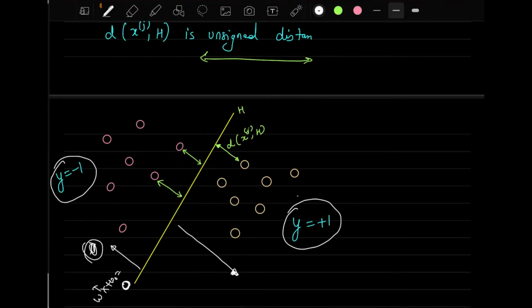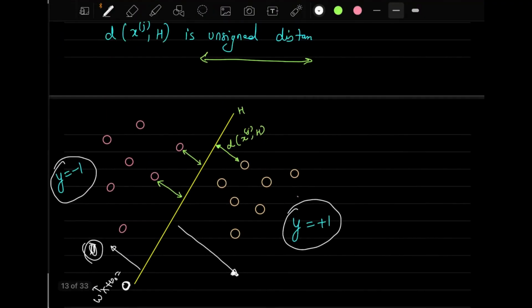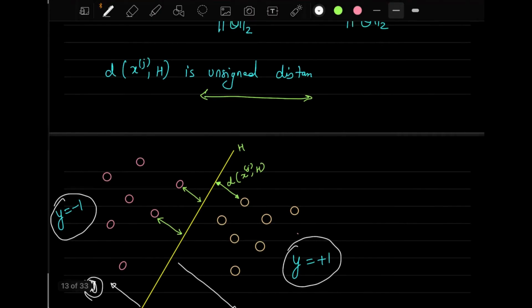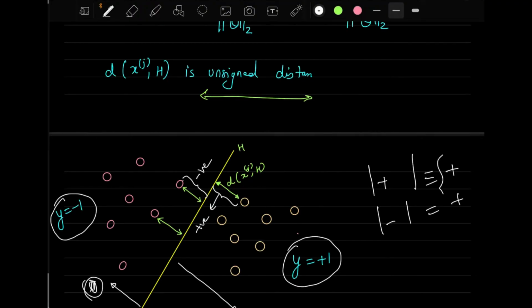So the distance of this point to this particular sample will be positive, and the distance of this point from this sample will be negative. Once you take the unsigned distance, you are taking the absolute value of the positive and the negative, which will always be positive. So the unsigned distance is calculated in this way.